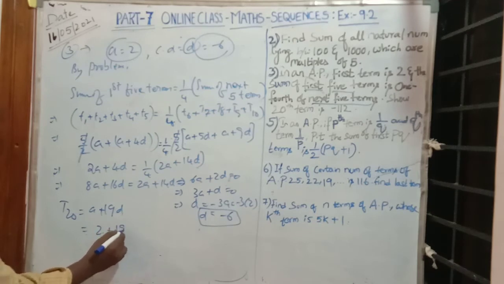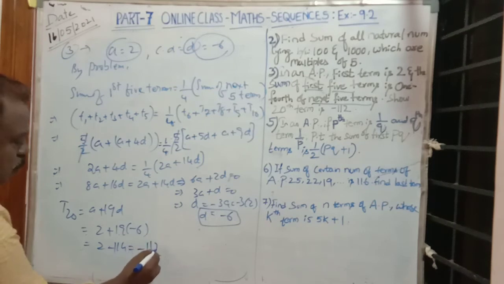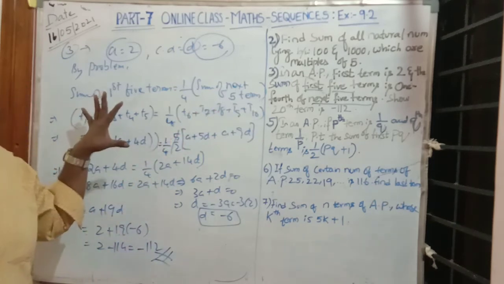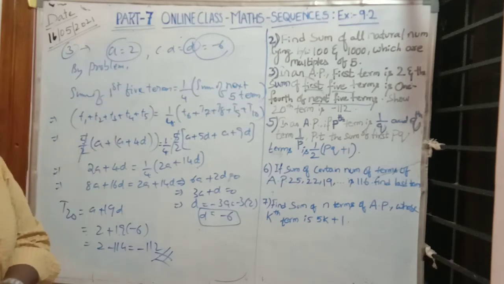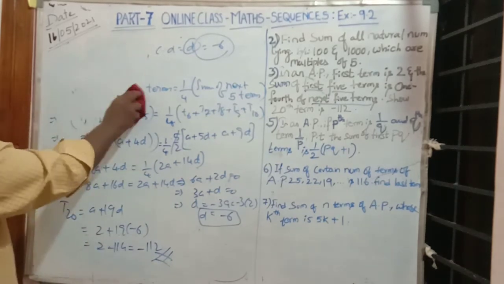A is 2, 19 into D which is minus 6, that is minus 114. So 2 minus 114 is minus 112. Is it clear? A very good problem.